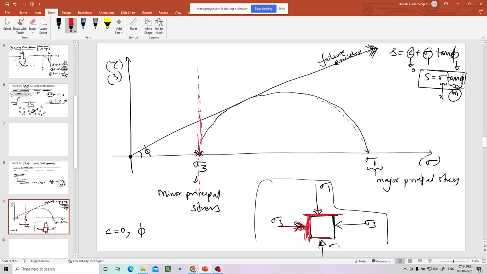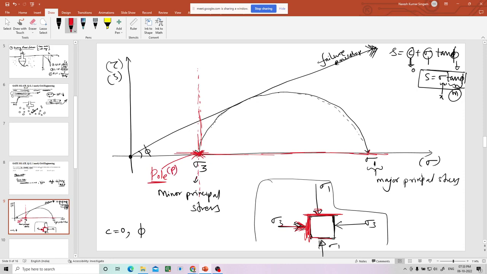Sigma 1 is acting on horizontal plane. So I will draw a horizontal line from sigma 1. Wherever these two lines coincide, that is called pole. This is pole, denoted by P, let us say.